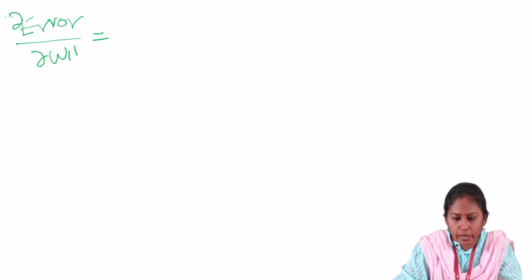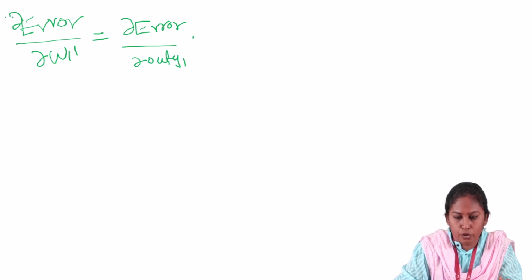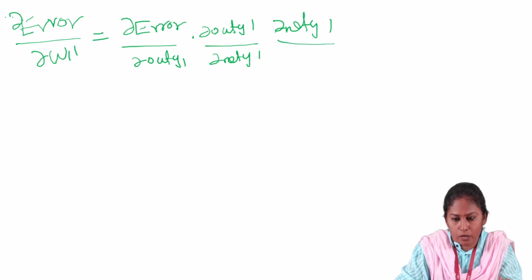To calculate it, as we have seen, I move like this: ∂Error/∂out y1 into ∂out y1 with respect to ∂net y1, then ∂net y1 to out h1, sorry, this should be out h1.